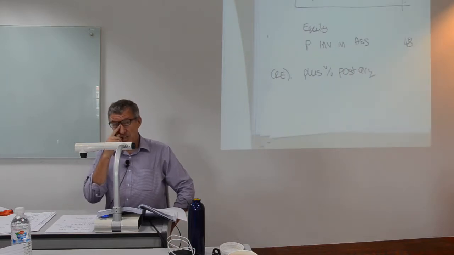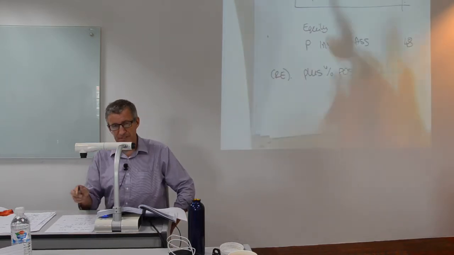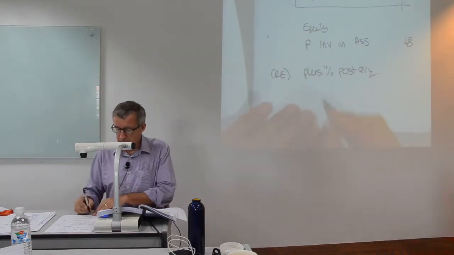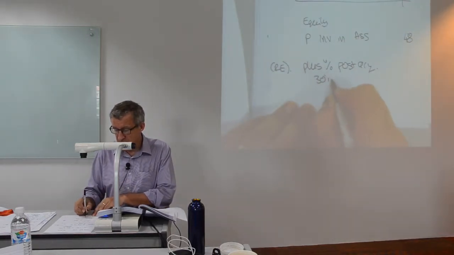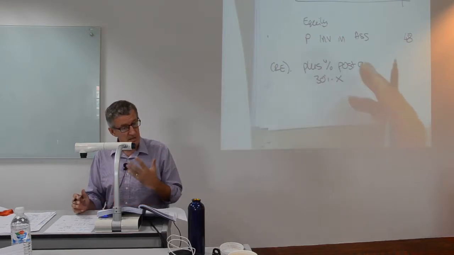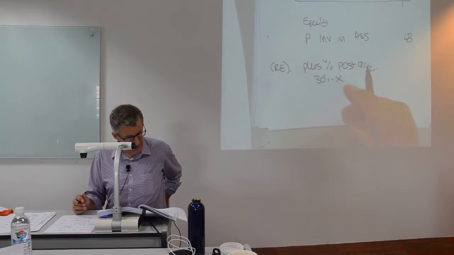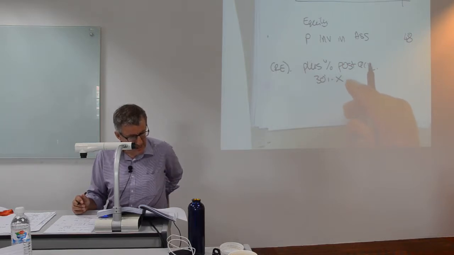So when I take the share of the post-acquisition profit, when it was 14%, it wasn't an associate. My share of the post-acquisition profit is 30%. 30% of what? 30% of this year's profits. How much are this year's profits? 30.